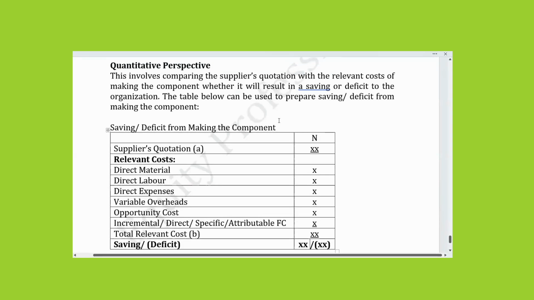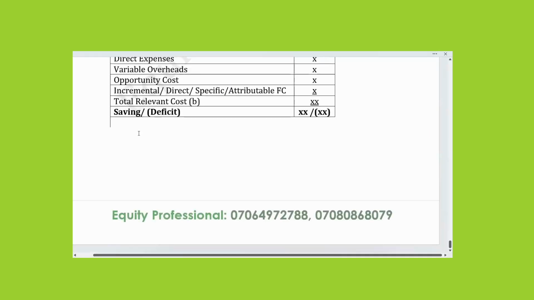The next you need to do now is the decision rule. When you do your calculation under make or buy, what are you supposed to do? Decision rule.